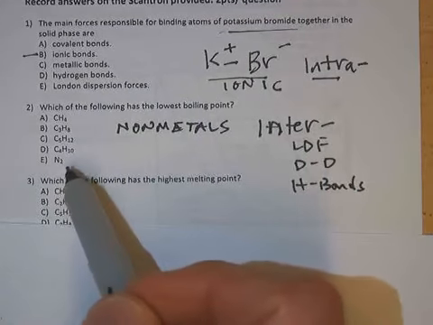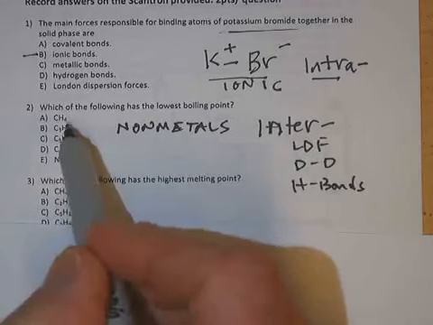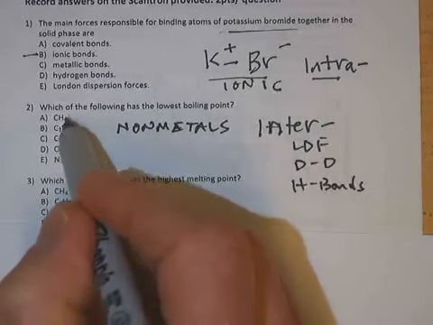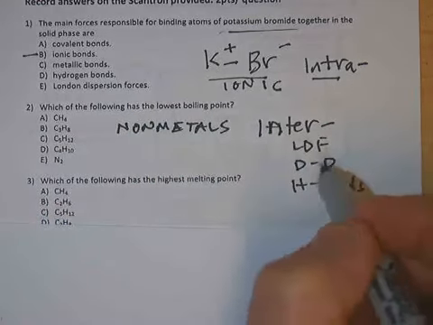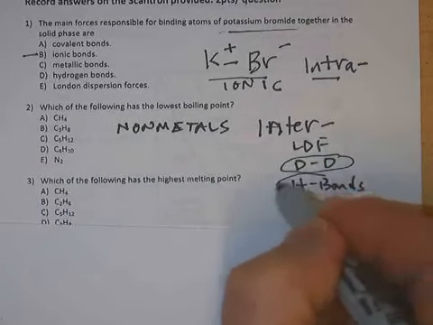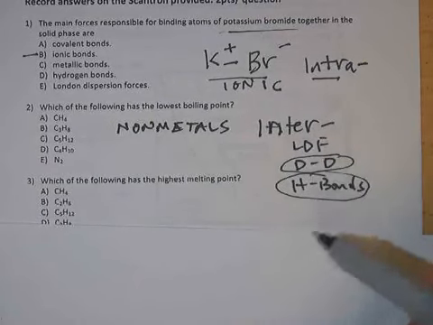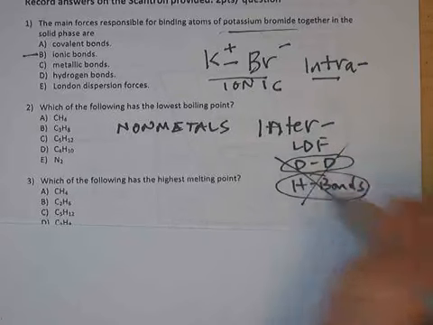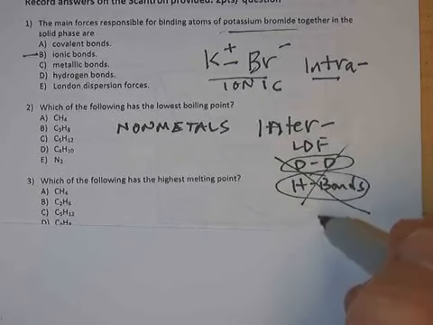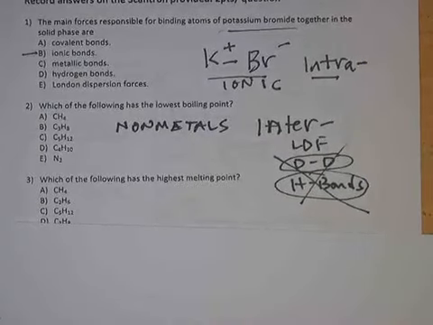And of these right here, you'll notice that every single one of these has no polarity to it and no hydrogen bonds to it because they're all perfectly symmetrical. So these types of forces don't apply.